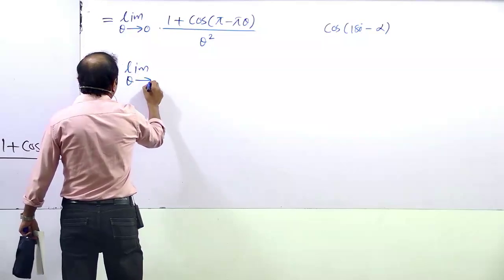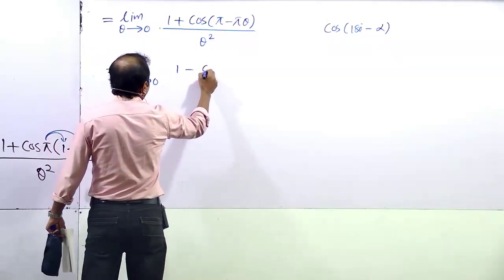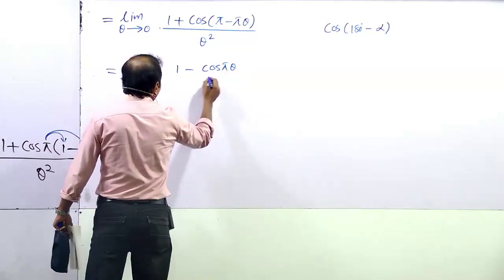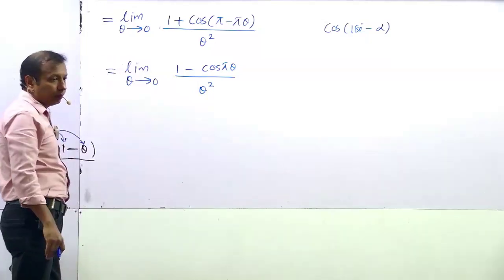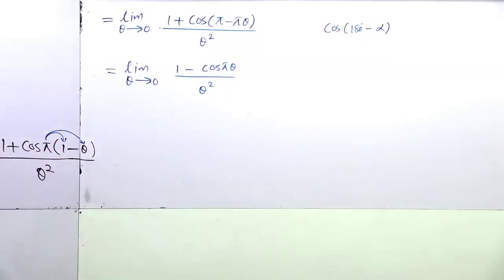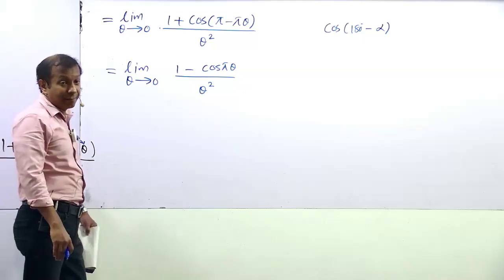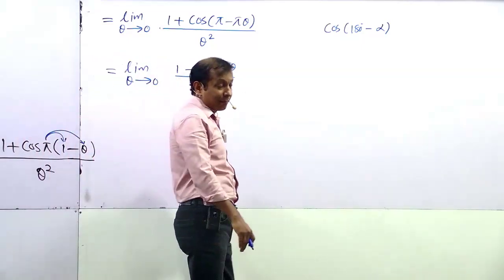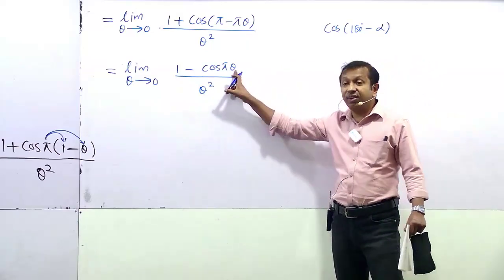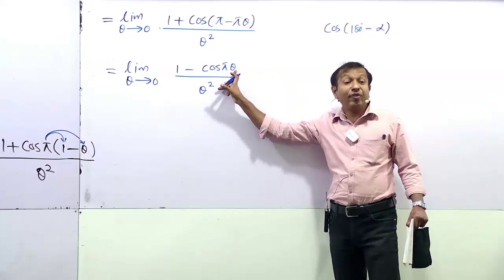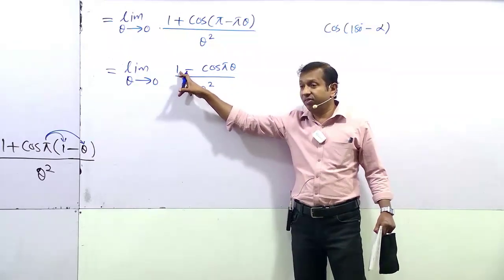Limit theta going to 0, 1 minus cos pi theta divided by theta squared. Okay. Now write down this cos pi theta using the half angle formula to cancel this one.